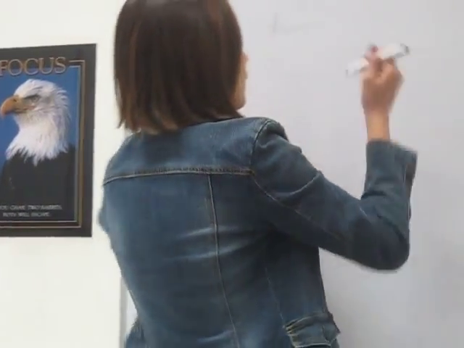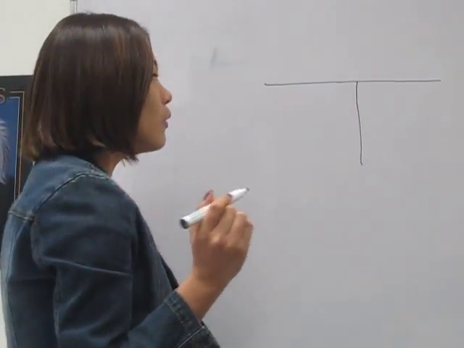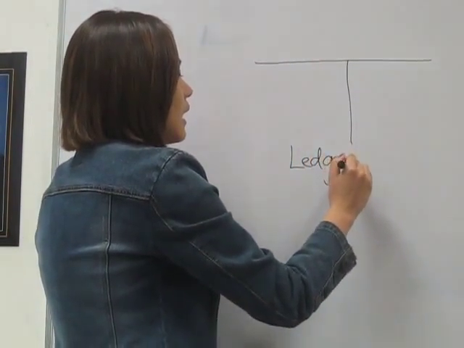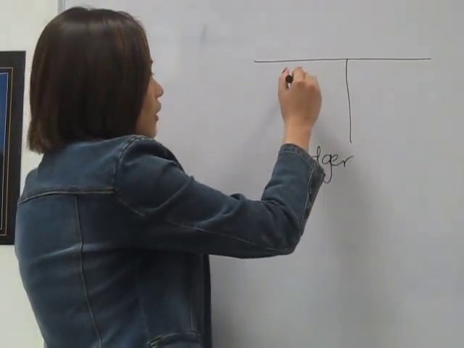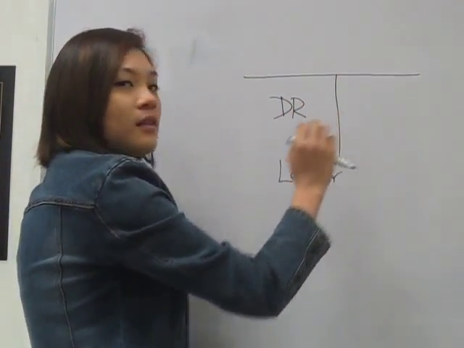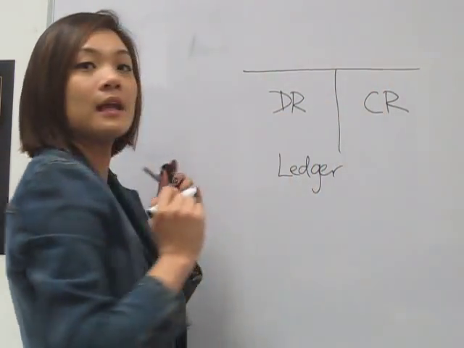In the double entry concept, we have something called the T account, also known as the ledger. In a T account, this side is known as the debit. On the right hand side, it is known as the credit side.